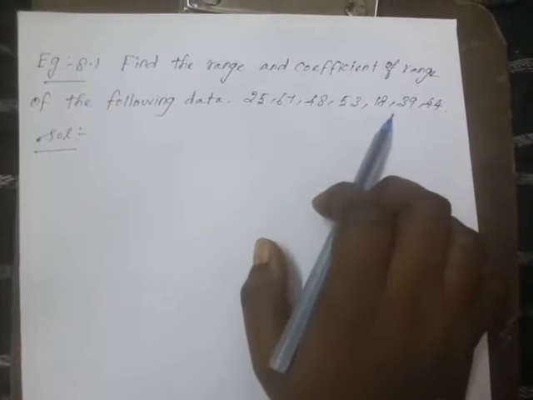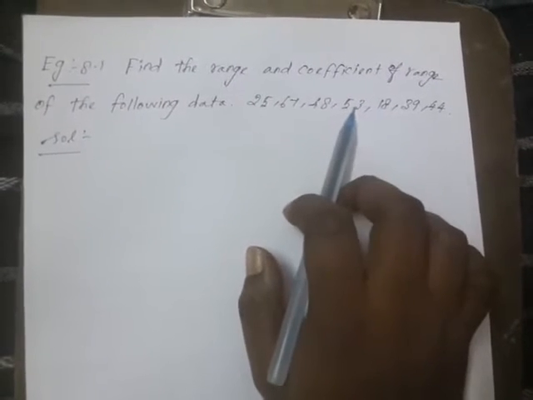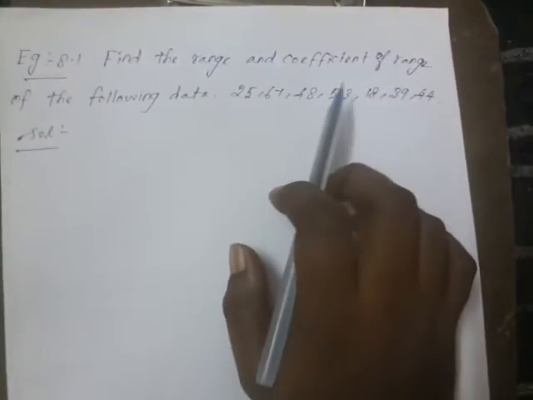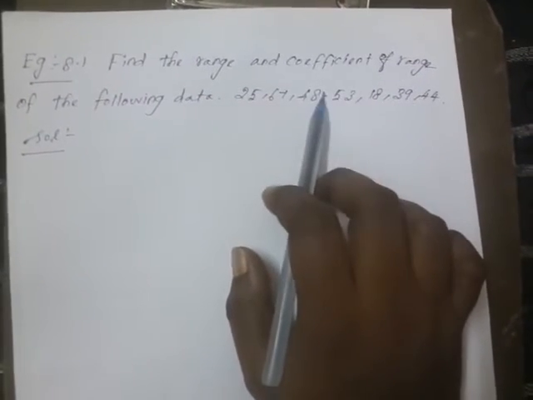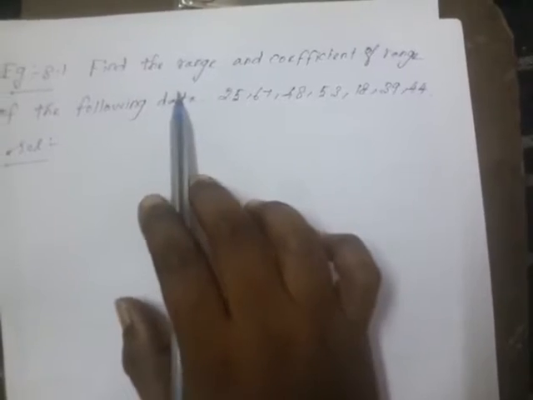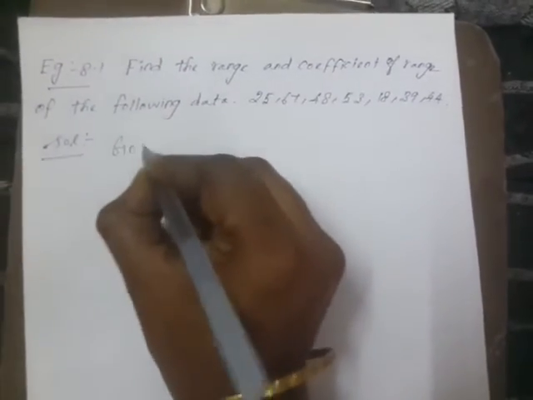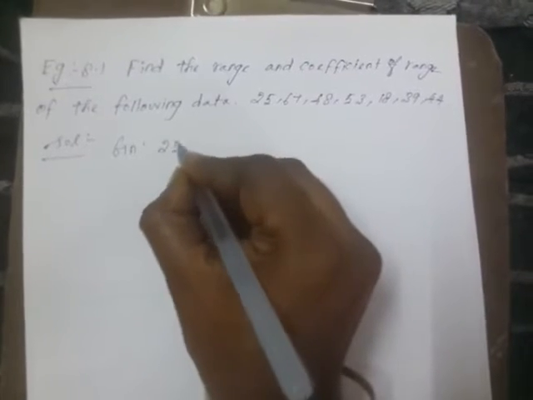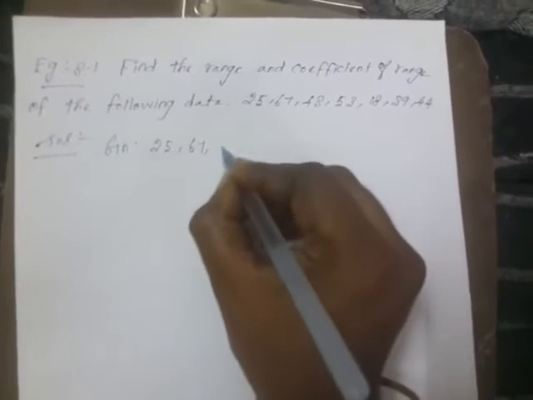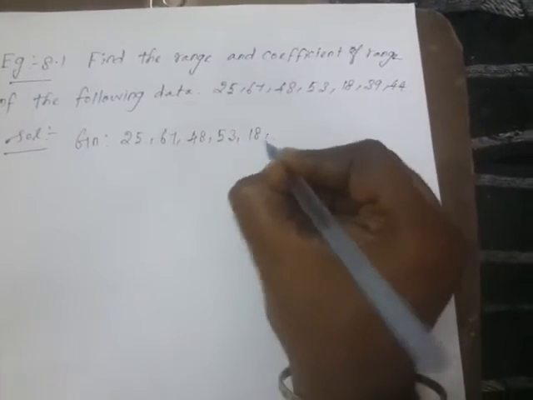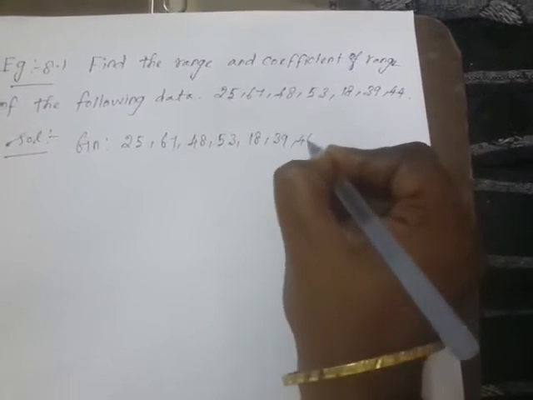Like that the values are given. That is called ungrouped data. The values are given separately. So using these values we have to find the range and coefficient of range. Whatever values are given, you have to write: 25, 67, 48, 53, 18, 39, 44.